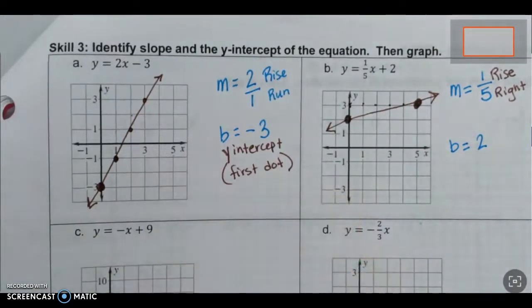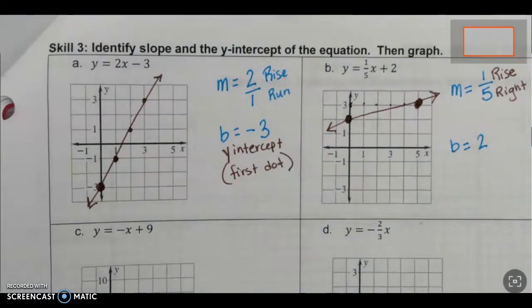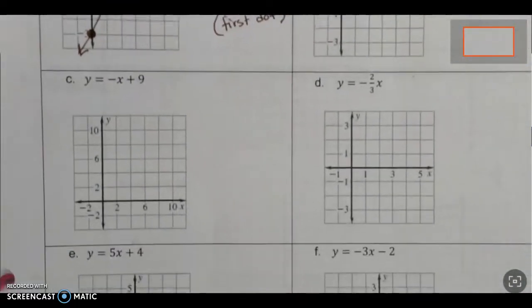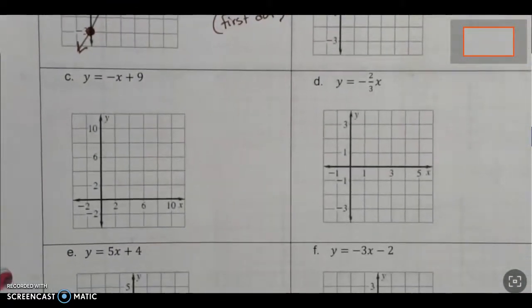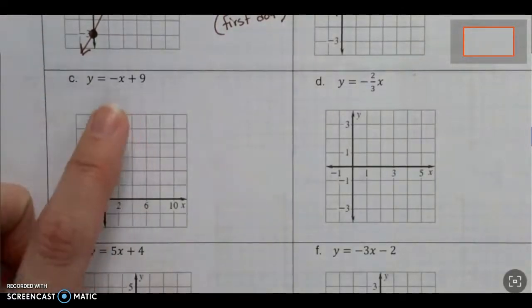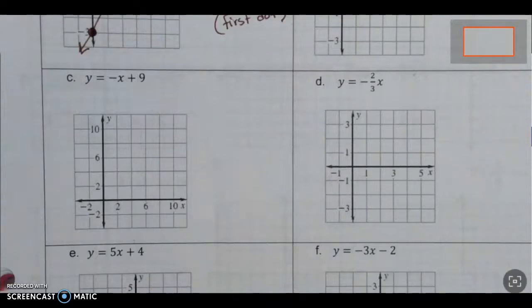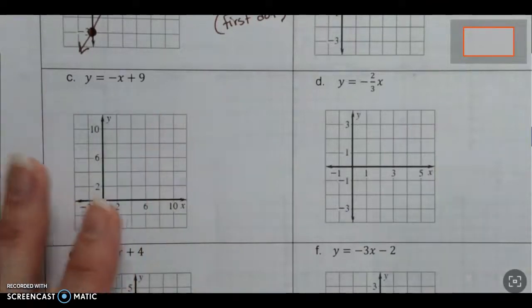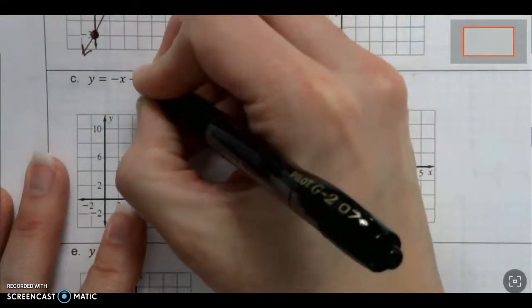Let's keep practicing that, going down to the next group here, C and D. With C, we're going to change this up a little bit. Apologies for the question being off the graph. There's a little bit of a mistake here. So instead of a +9, we're going to make that a +4.